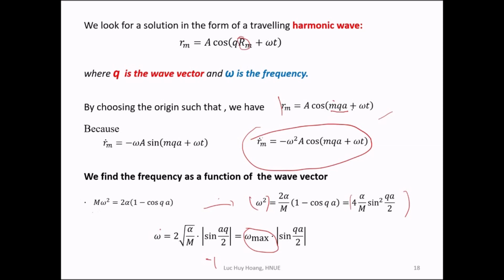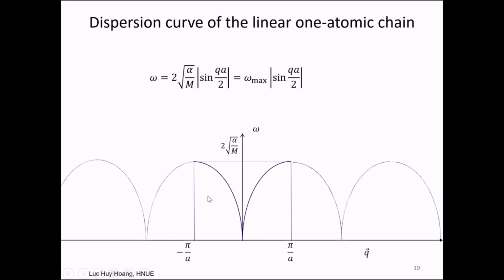And when we find the omega, this means that we know how the atom vibrates. So this equation tells everything. Okay, but for illustration, we can draw the dependence of omega in a figure. And if we draw the dependence of omega in a figure, you can see it more easily, and you can get the physical properties of the system more obviously.